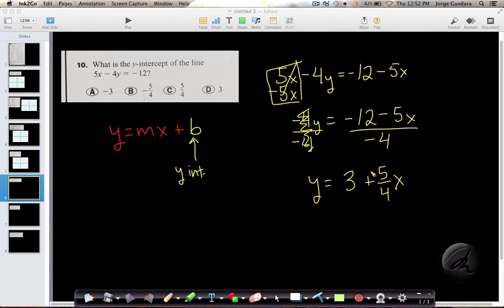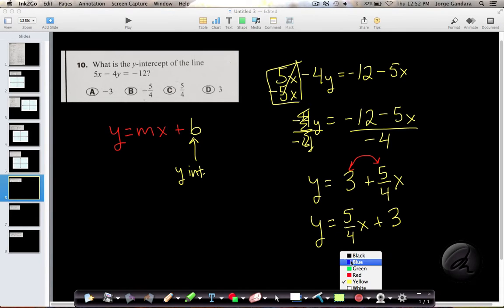Now, to make this look more like my traditional y equals mx plus b, I'm going to switch these terms. So it would be y equals 5 over 4 x plus 3.